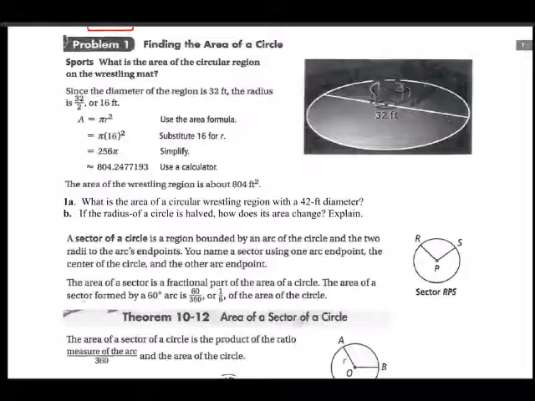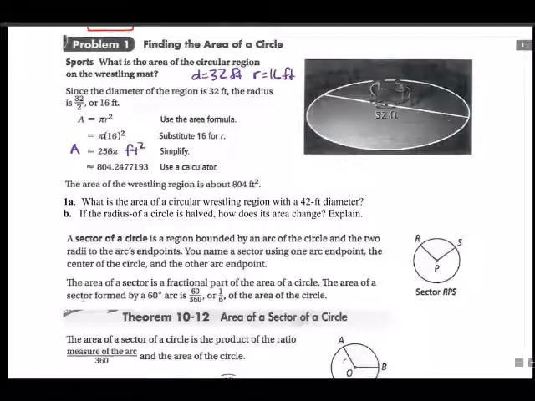We want to know the area of the circular region of our wrestling mat. We know that the diameter is 32 feet here. So that means our radius is 32 divided by 2, which is 16 feet. And then we just write our formula. Area is pi r squared. We put our radius in there and square that, and we get our area is 256 pi feet squared.